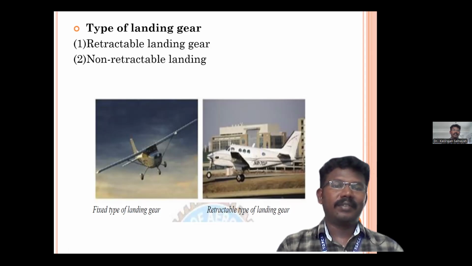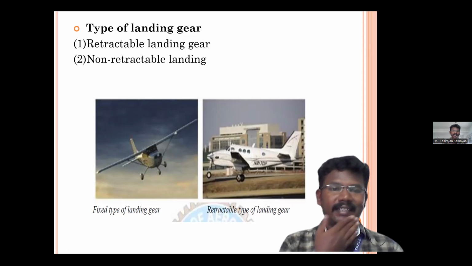So at that time we don't need retractable landing gears, because it is cost-wise very high, and the design also becomes very complex. So for this type of compact aircraft, fixed landing gear is enough.